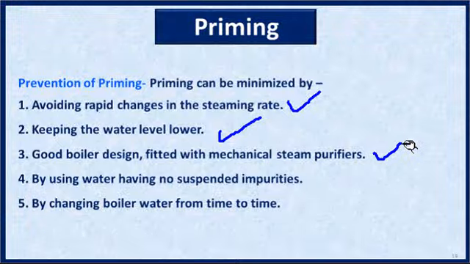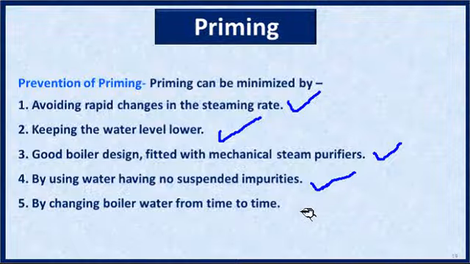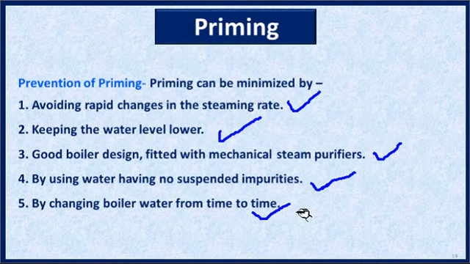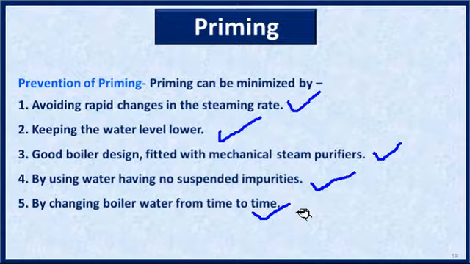Third, a good boiler design should be used. Fourth, by using water having no suspended impurities, we can avoid priming, and by changing the boiler water from time to time so that the concentration of salts cannot increase and there is no sludge formation in the boiler. So in this way we can avoid priming.